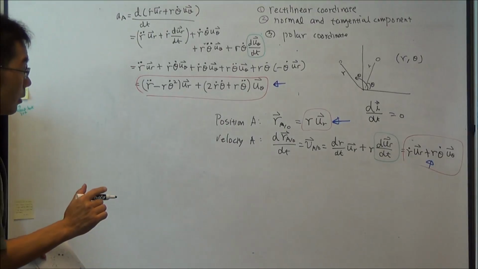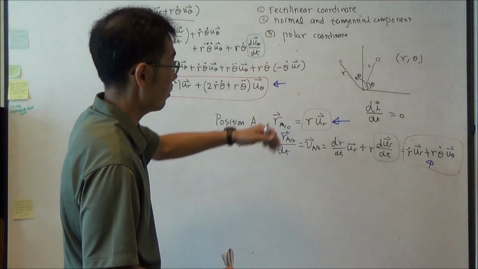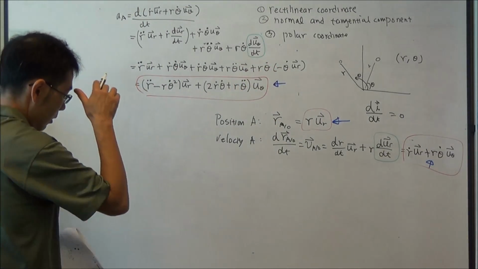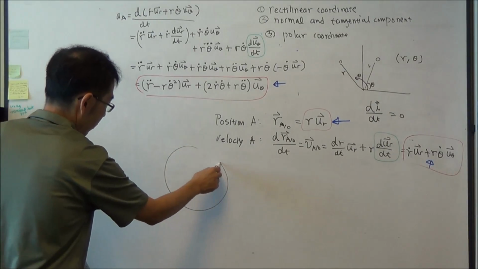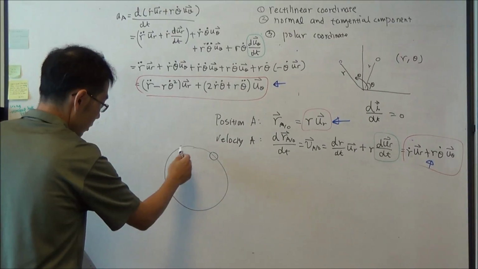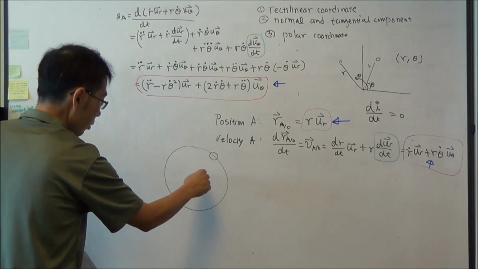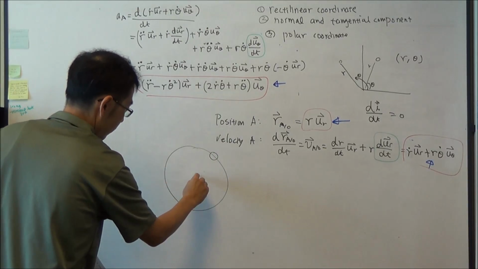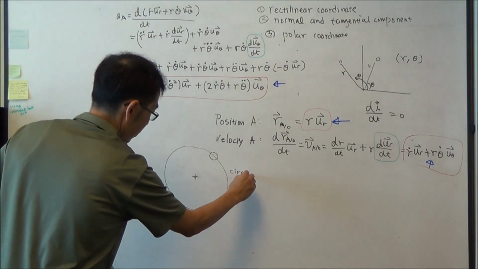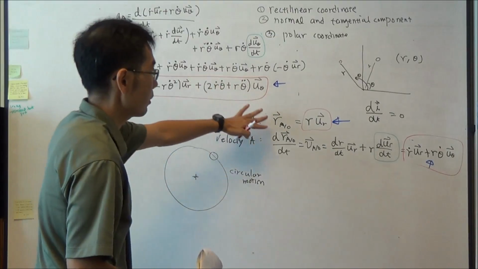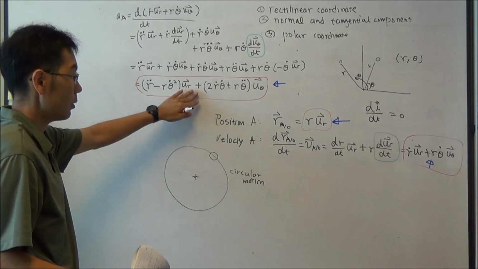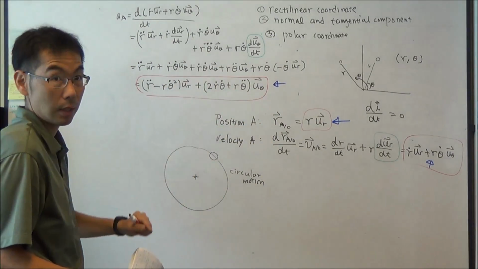Right now this is just the general polar coordinate system, but just imagine that your particle moves in circular motion. Okay, so circular motion. And if you apply those equations to circular motion, let's see how this changes.